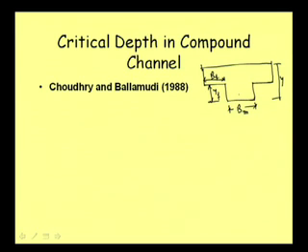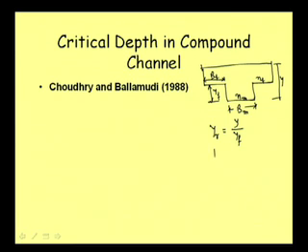So far as Manning's roughness is concerned, here we can write that this is Nm, the main channel roughness, and this is Nf, the flat plane roughness. Then in the compound channel, using these terms, some non-dimensional terms can be derived, say Yr, that is equal to Y, the depth of flow at any point, divided by Yf. This is a non-dimensional term regarding depth.